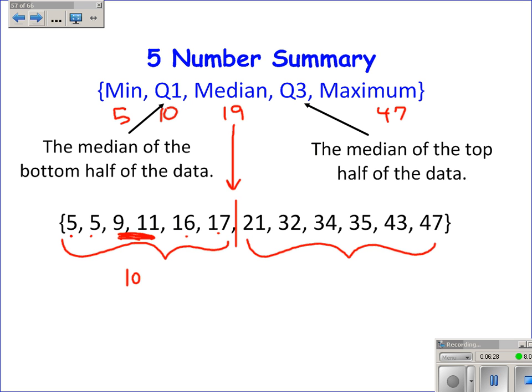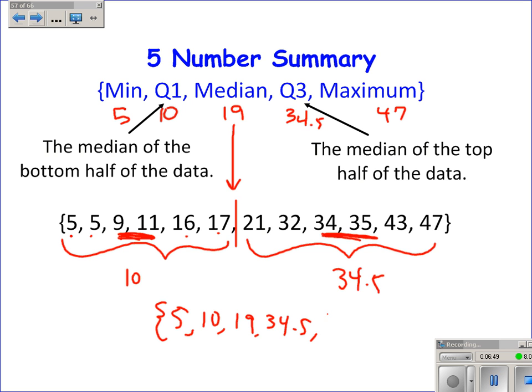The top half of the data also has 6 numbers, so I'll average the middle two, the third and the fourth of that part, and I get 34.5. Okay, so our 5-number summary written in set notation is 5, 10, 19, 34.5, and 47.